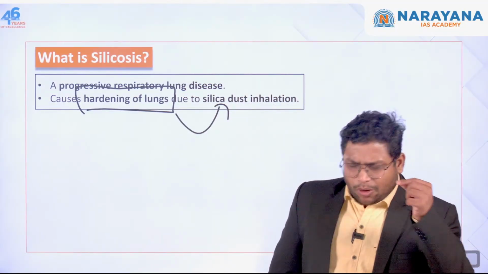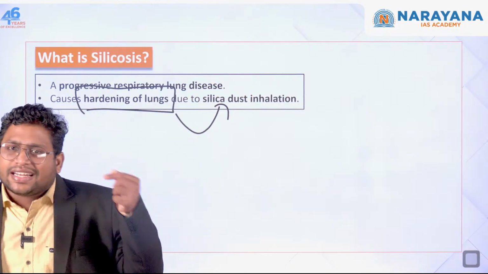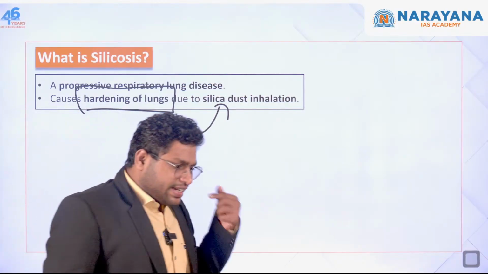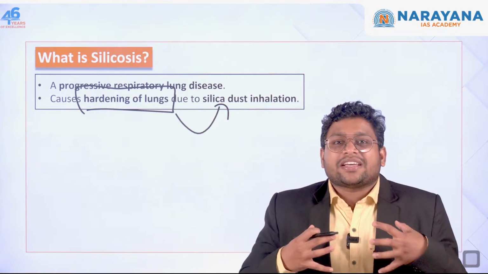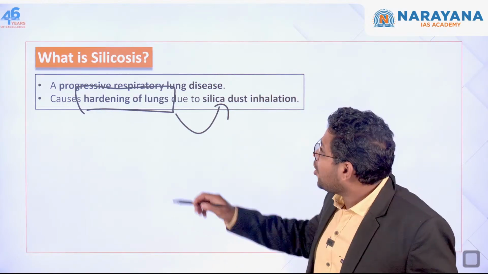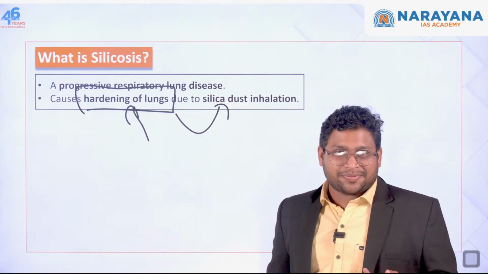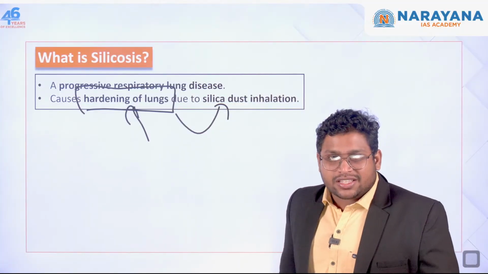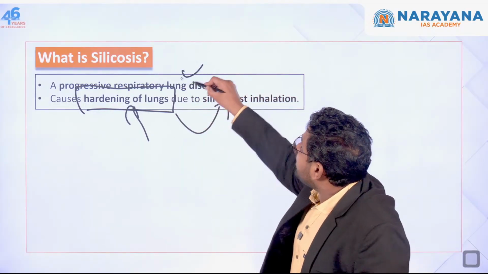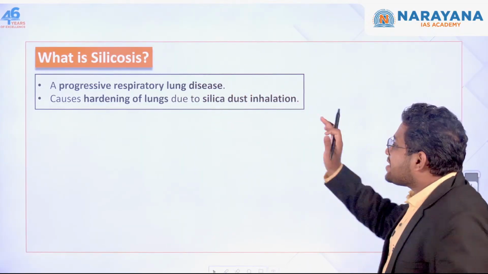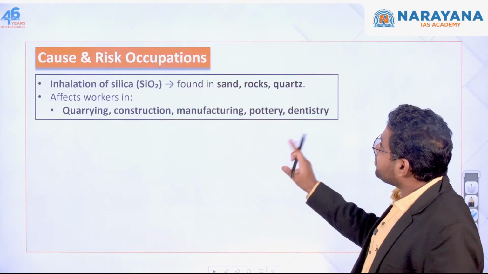So the property of silica gets attached to the lungs, and that's the reason your lungs are becoming a little bit solid, or rather becoming hard. Obviously, some kind of lung-related disease you are definitely going to get because of silicosis or this silica.